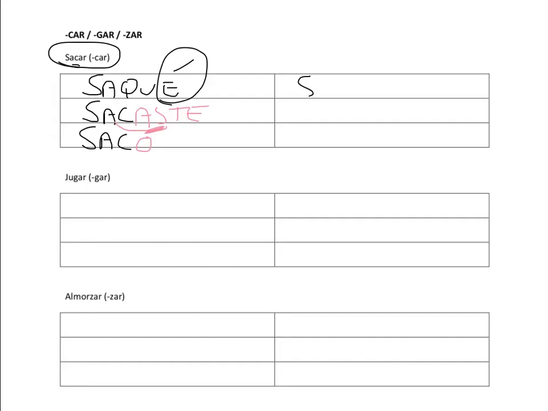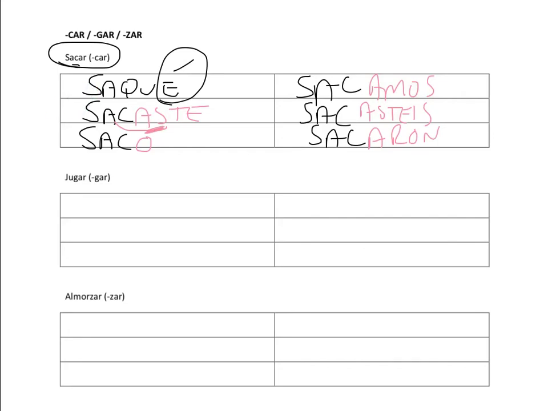And then sacamos. I think I'll use a darker color on the next one. Sacasteis. And sacaron. Fácil, no? So, as you can see, we only had to change the yo form.